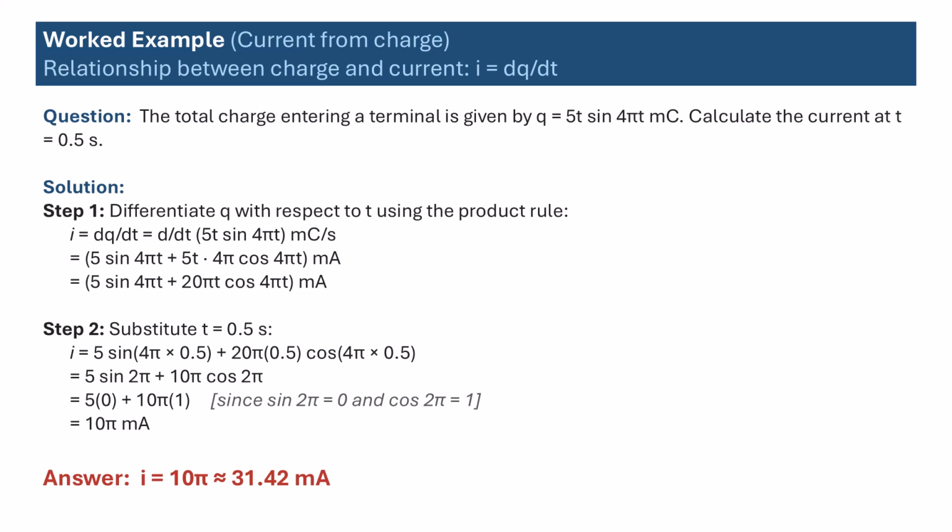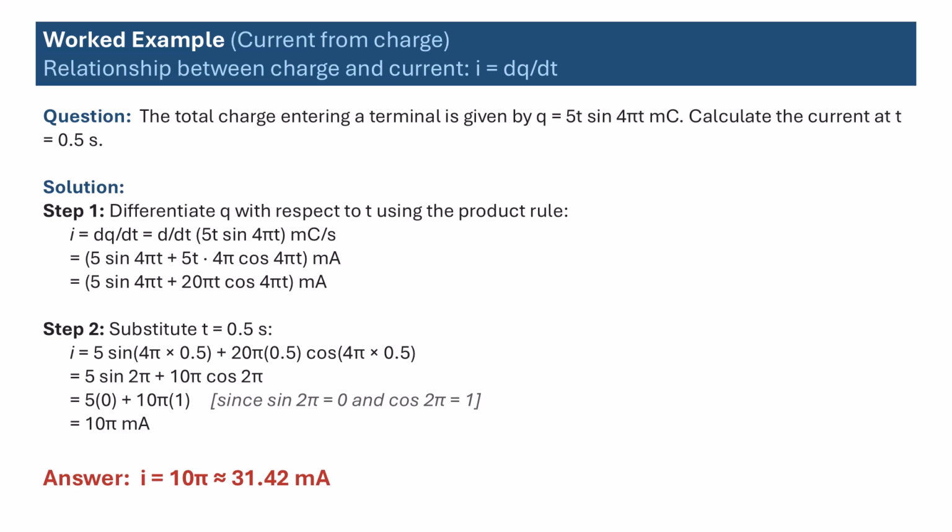The expression 5t sine 4 pi t is the product of 2 functions, u equals 5t and v equals sine 4 pi t. Applying the product rule, d/dt of uv equals u prime v plus u v prime. du/dt equals 5, and dv/dt equals 4 pi cosine 4 pi t.